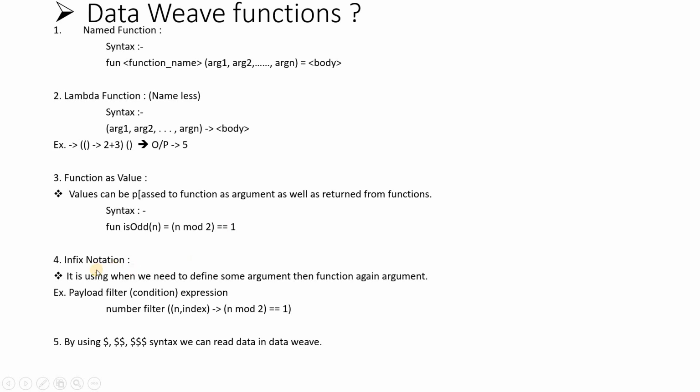Now coming to the next type, that is the infix notation. Infix notation is used when we need to define an argument, then a function, then again an argument. So this is my payload, and then the function, that is filter, and we can define the condition and expression here. In this example we define the number, whatever number or payload, whatever the input, and then filter, and in filter we have the argument and index, and then we do n mod 2 equal to 1.